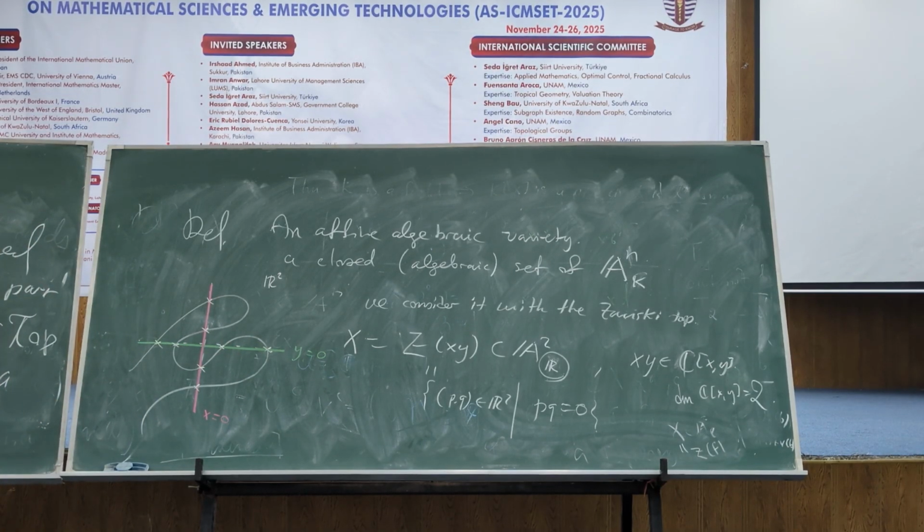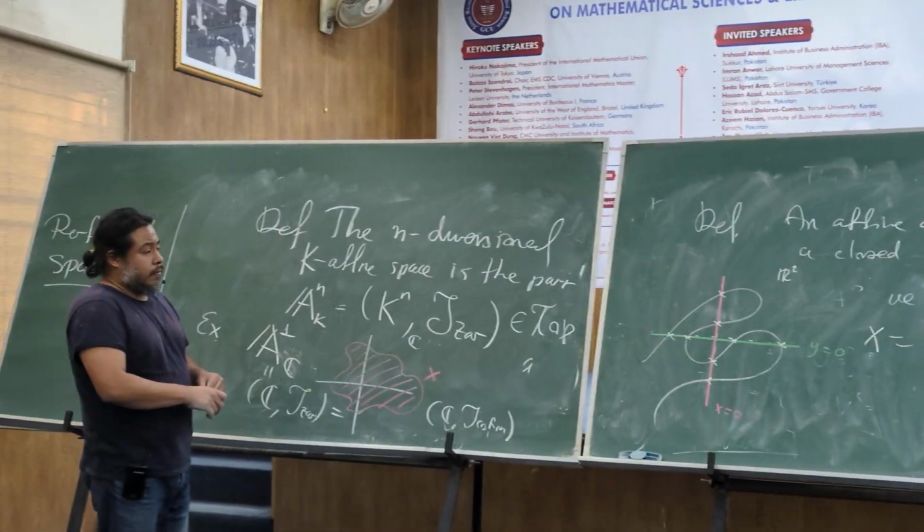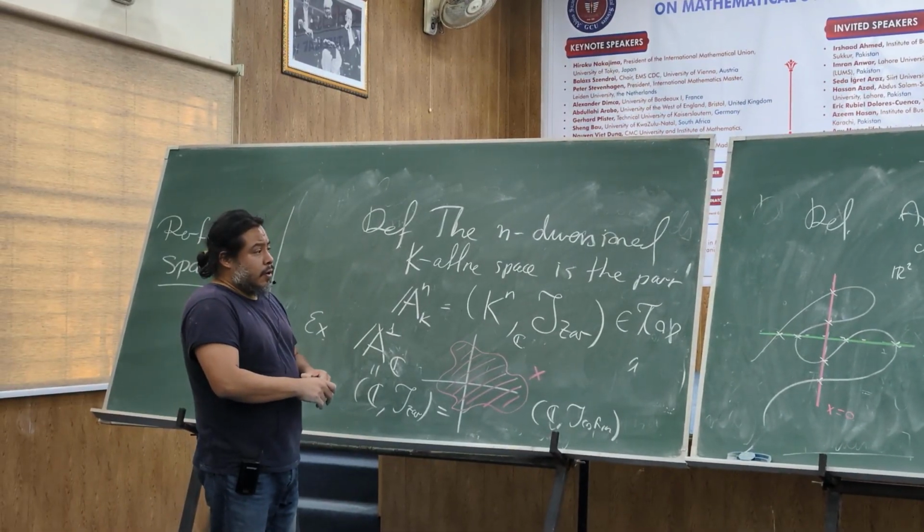By this, I want to convince you that the topology in X is almost the same as in the line, which is the cofinite topology.